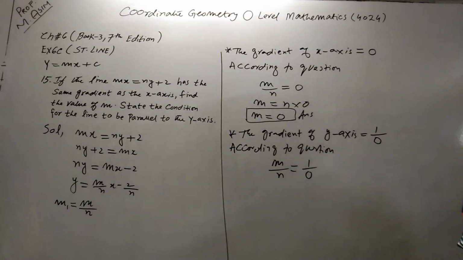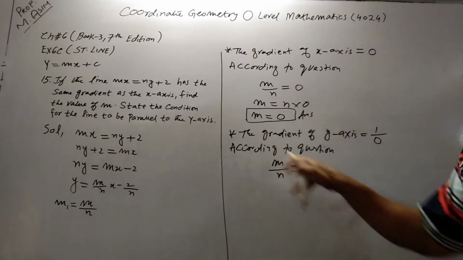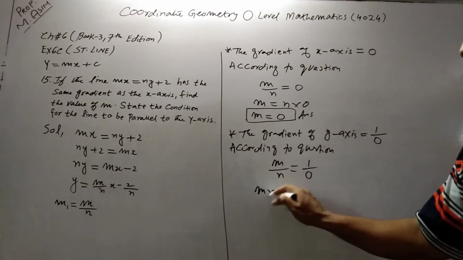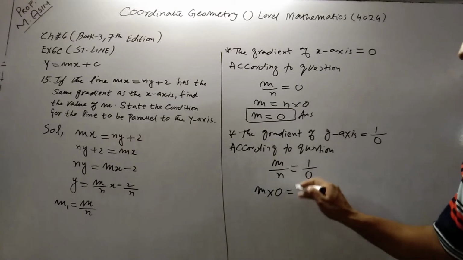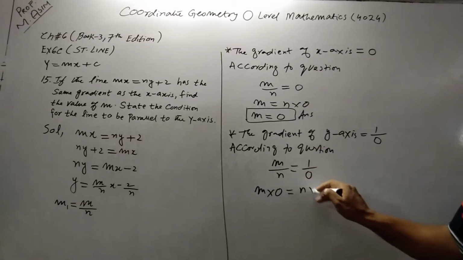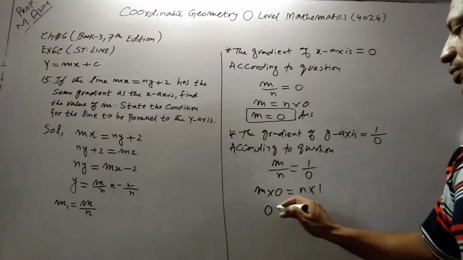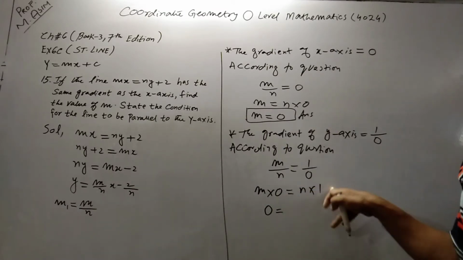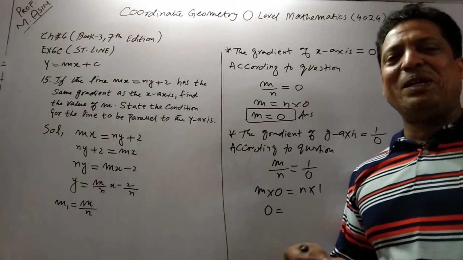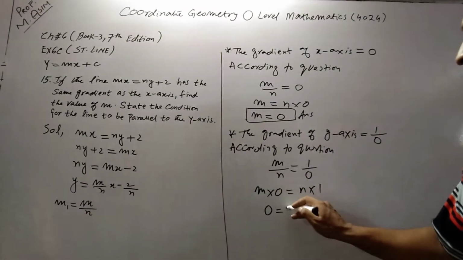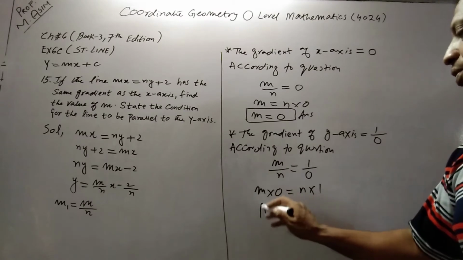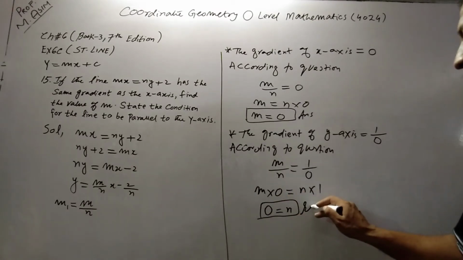Okay. Now cross multiply. This 0 is multiplied by m and this n is multiplied by 1. Something multiplied by 0 is always 0 and something multiplied by 1 is always the same something. n multiplied by 1 is n. So n = 0. This is the required condition.